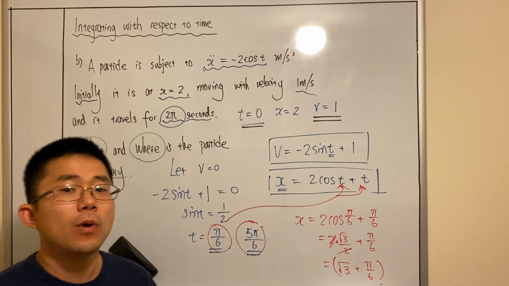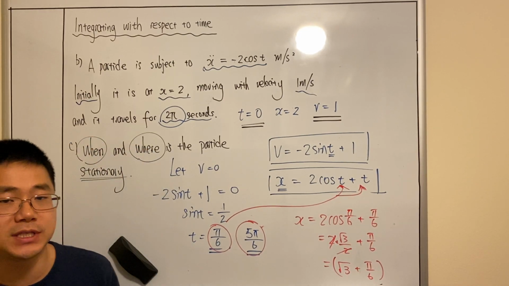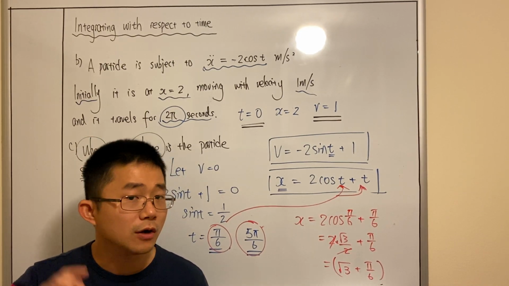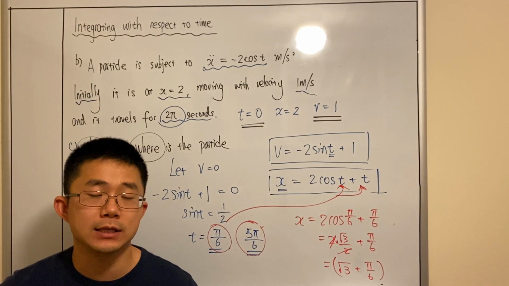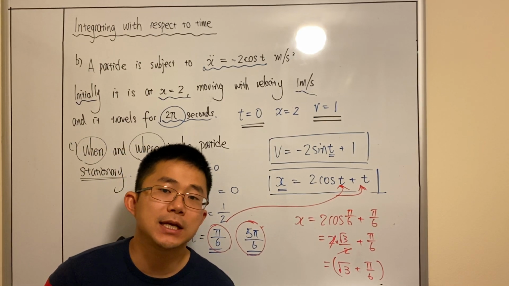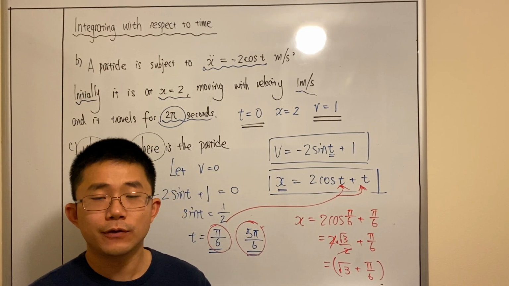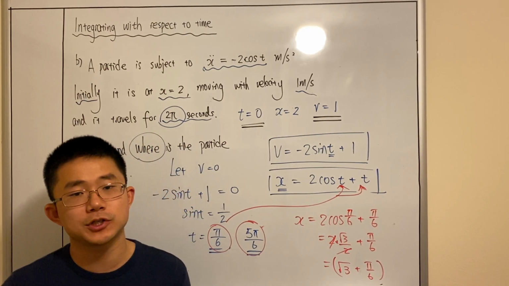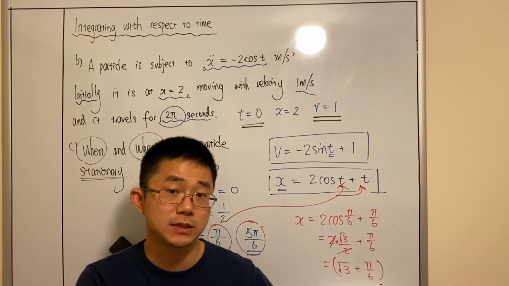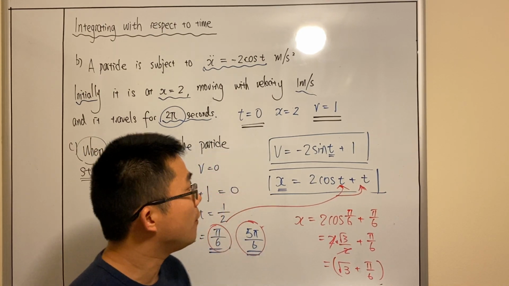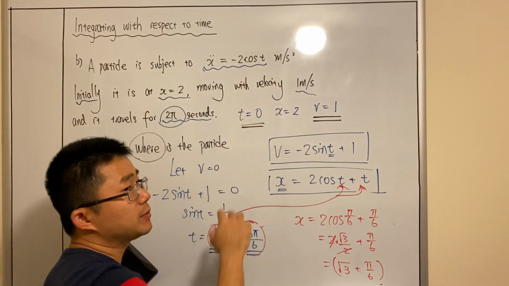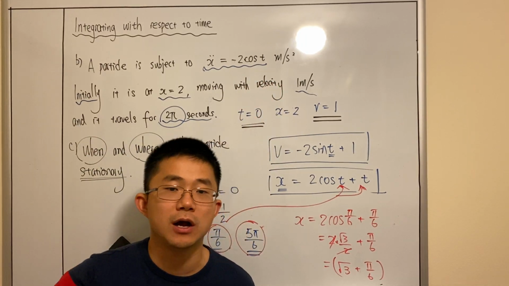I hope this question gives you some idea how to deal with questions in terms of velocity, acceleration, and displacement. Basically, all you need to do is integrate the acceleration function to get the velocity function, and integrate the velocity function to get the displacement function. Once you have all three functions, you should be able to solve the question based on what it asks you to do.